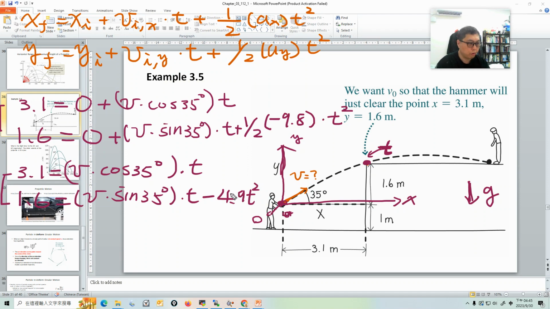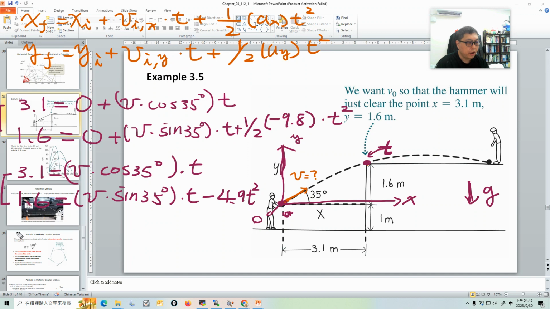Actually, it's pretty simple. Which one is better? Let me see. Replacing v is better.